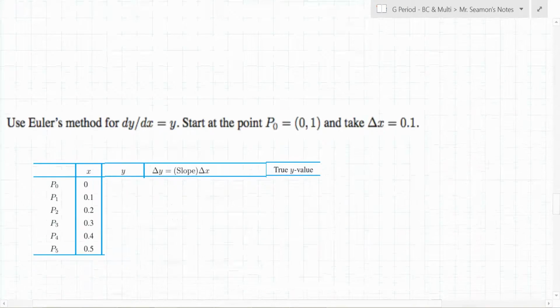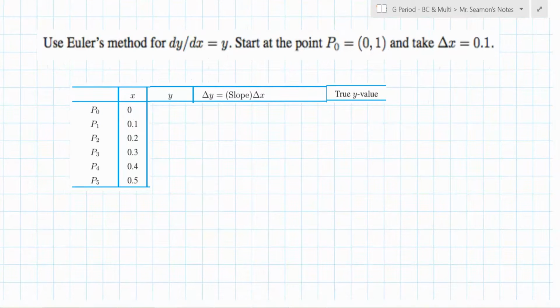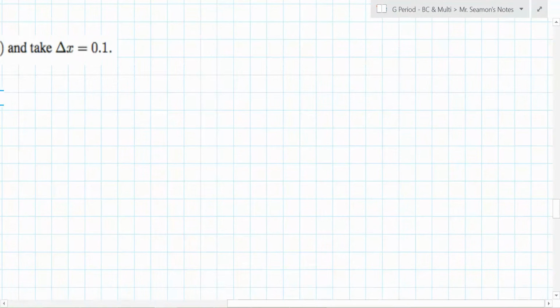Well, the first thing I will tell you is, when you do these, you need to take it slow and steady, because simple, small mistakes have huge cascading impacts. We're going to start at one point, and to decide which direction to go, we use the given differential equation, and it says, okay, go that way.